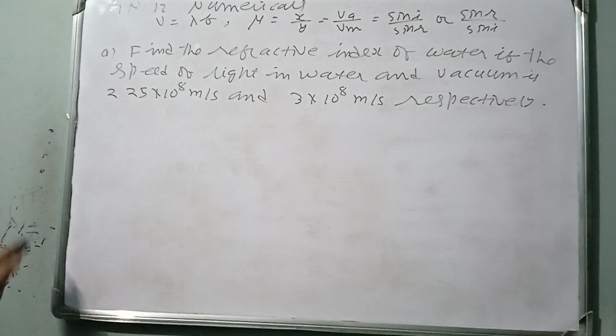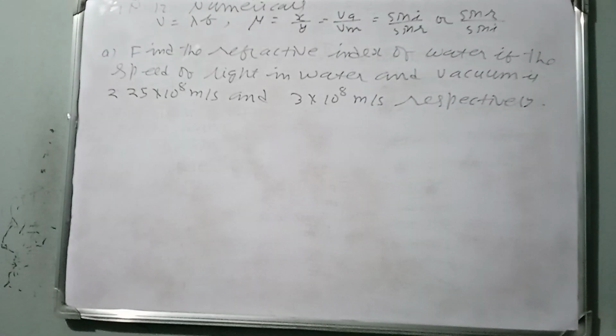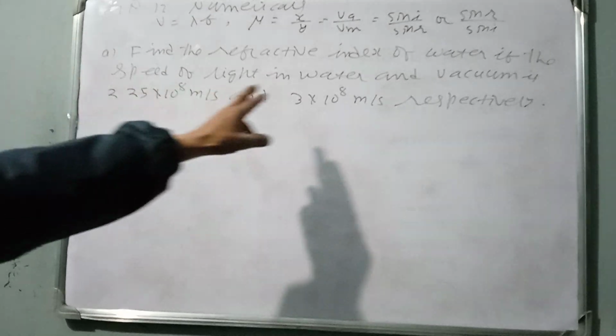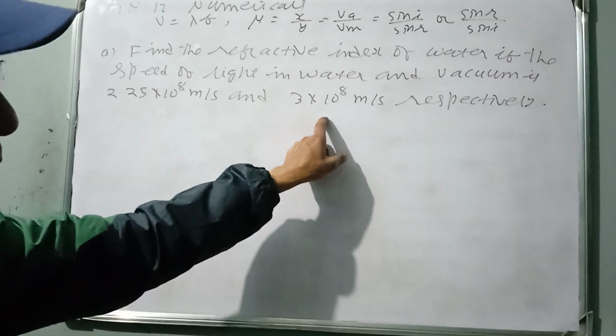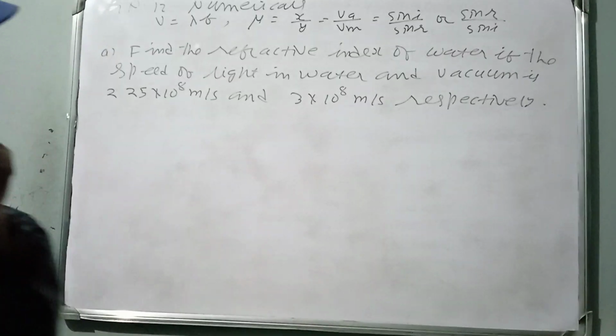How to solve this? I think we can solve. Find the refractive index of water if the speed of light in water is this much and speed of light in vacuum is this much.